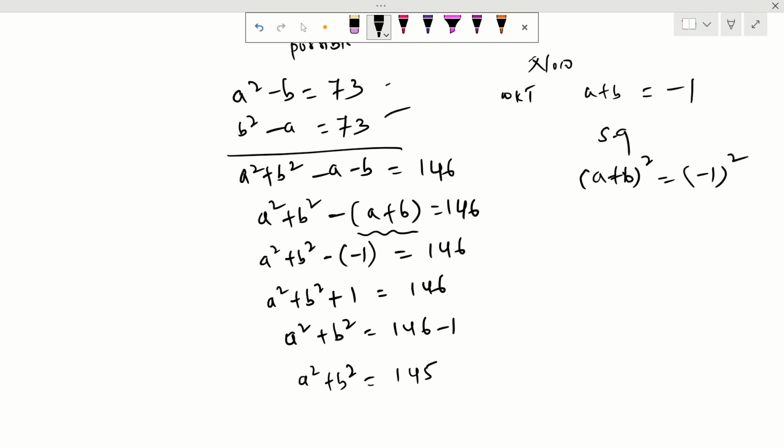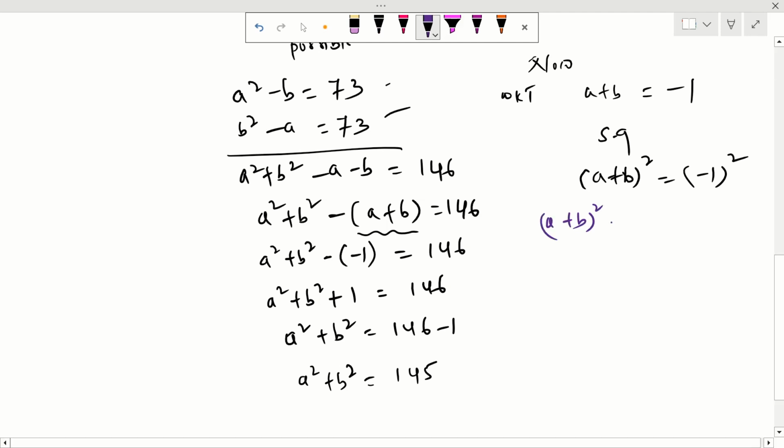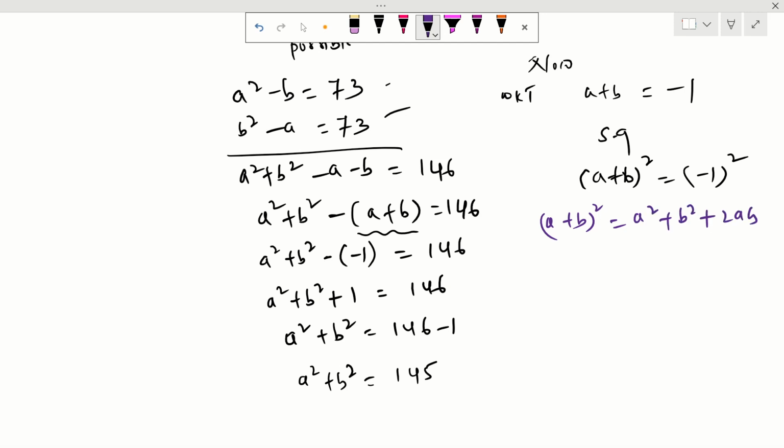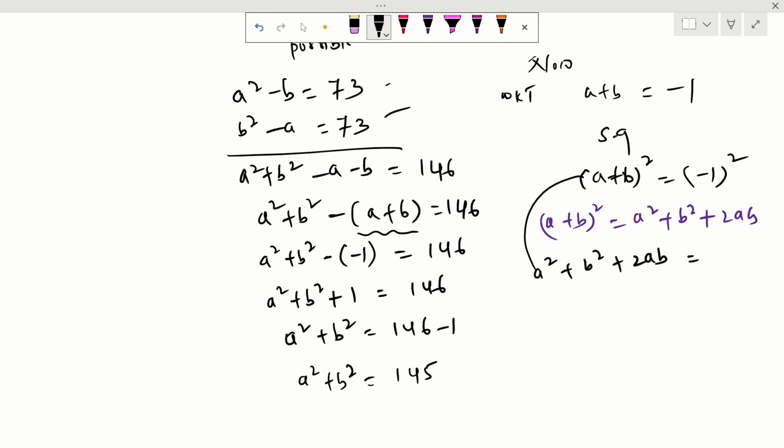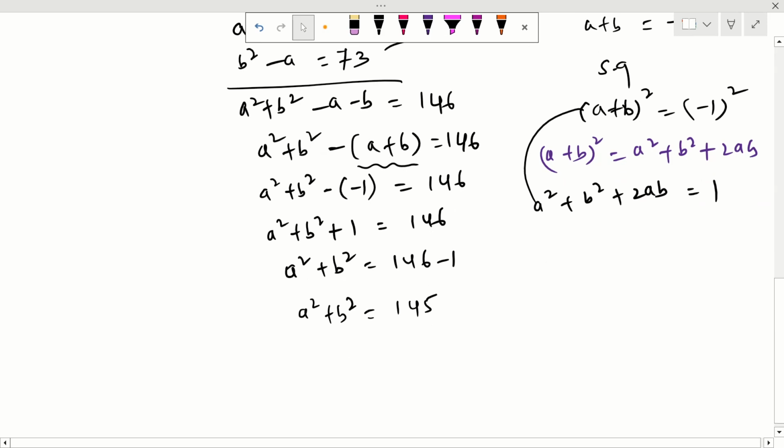The formula for A plus B whole square is A square plus B square plus 2ab. So we can expand this as A square plus B square plus 2ab. Minus 1 squared is plus 1, because when we square a negative number, it is positive. And now we can write A square plus B square.